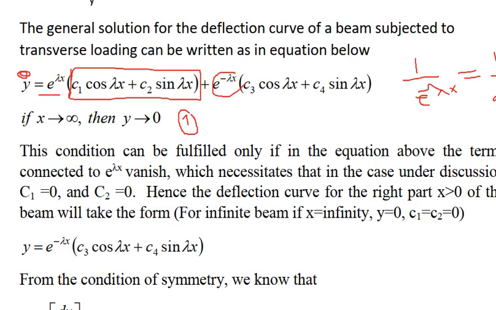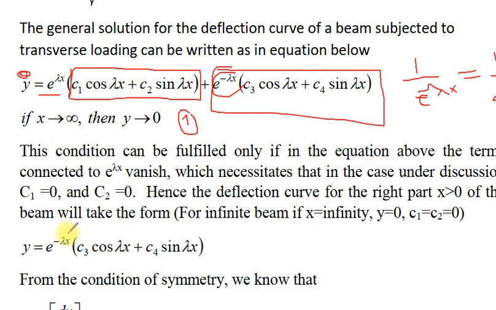Therefore, to fulfill this boundary condition, this part will be equal to 0. This implies that the second part will vanish, and the constants c1 and c2 will be equal to 0.